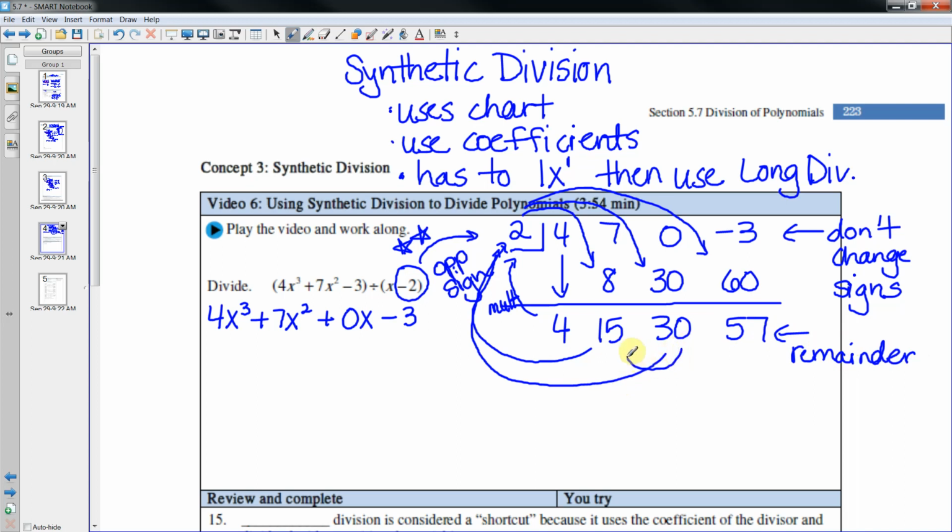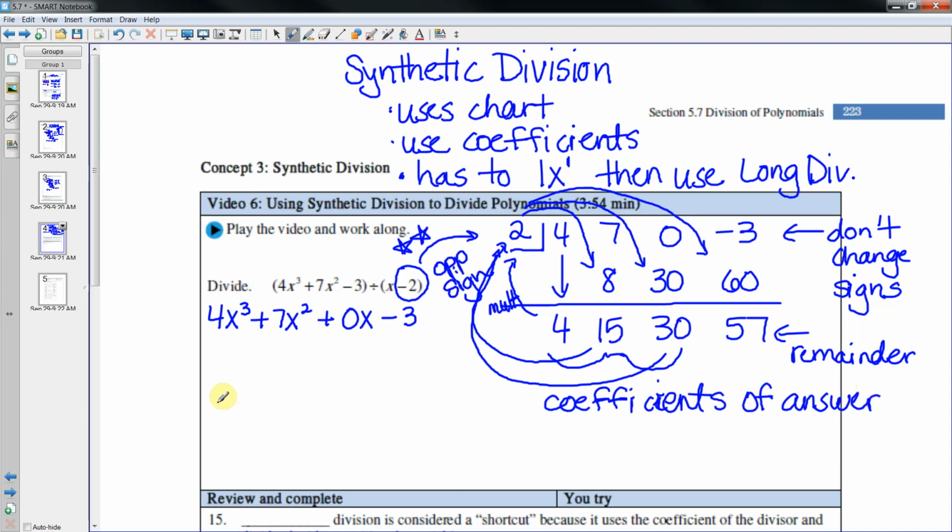The numbers that I get out here are the coefficients of my answer. Remember, I started with the coefficients to write my problem. These are the coefficients of my answer.